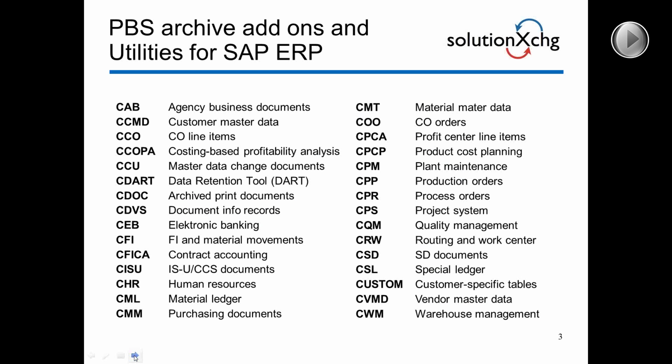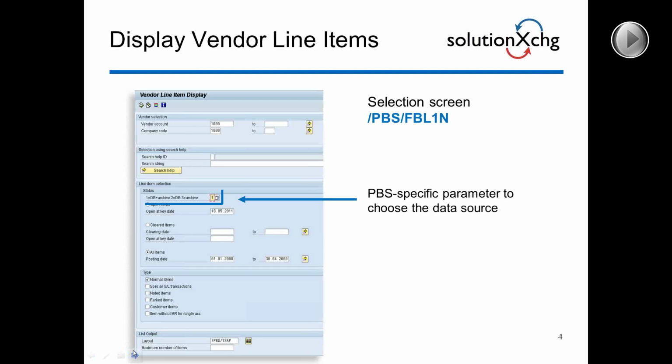And that includes the document flow, and any images that have been attached to the actual transaction. These add-ons are strictly ABAP code, so they're totally integrated into your SAP environment, and they're certified and supported by SAP.